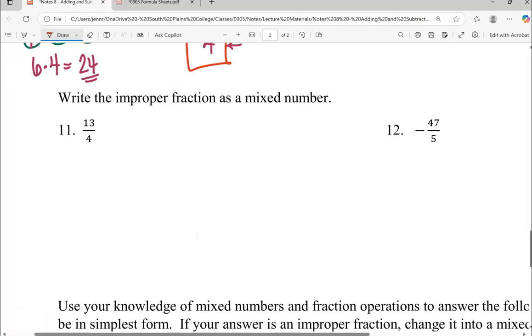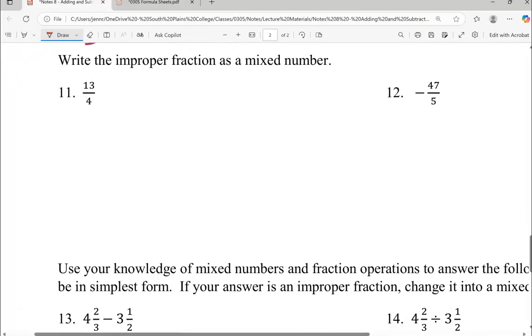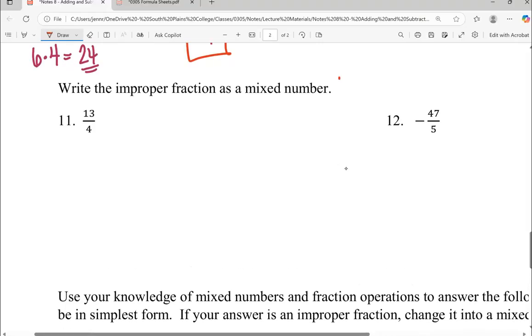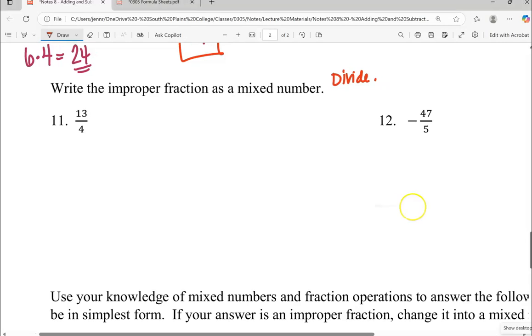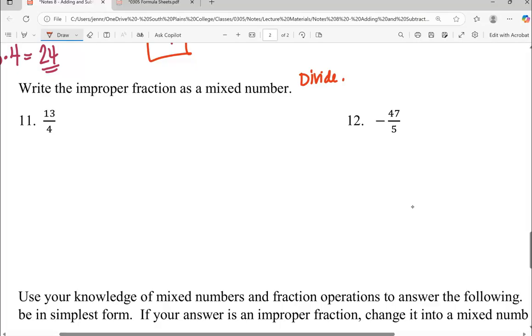We can also go the other way. If we already have the improper fraction, in order to create the mixed number, I need to divide my values. If you remember back in our lesson, I think it was lesson 2, where we were dividing our whole numbers, there were times that we would divide and get a remainder.